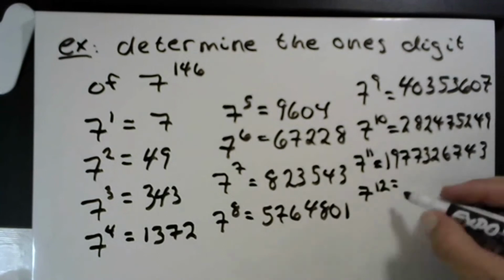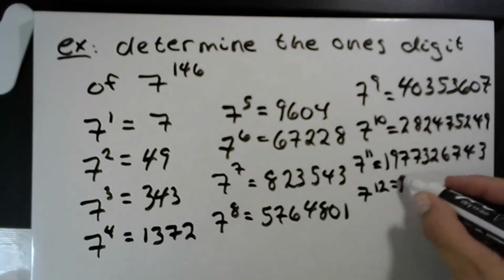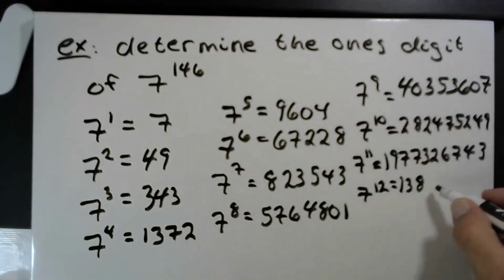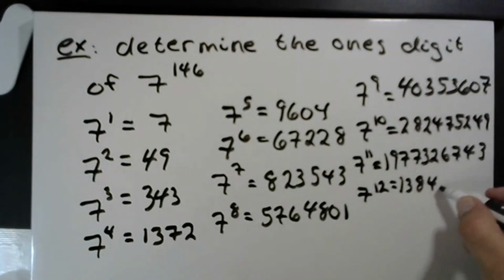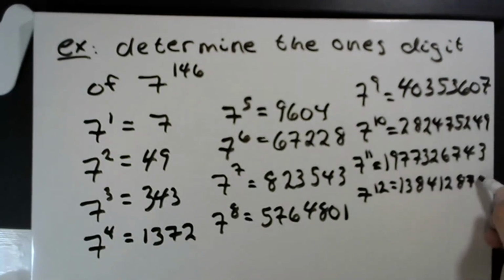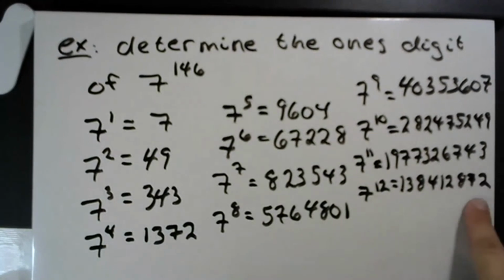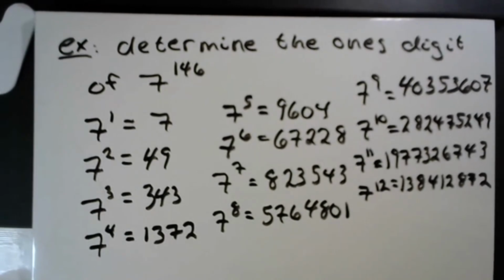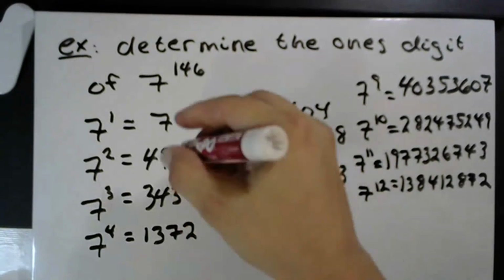And I think my calculator's not going to let me go any farther. It's going to start truncating answers. So going as far as I can, does it look like I've got a pattern?